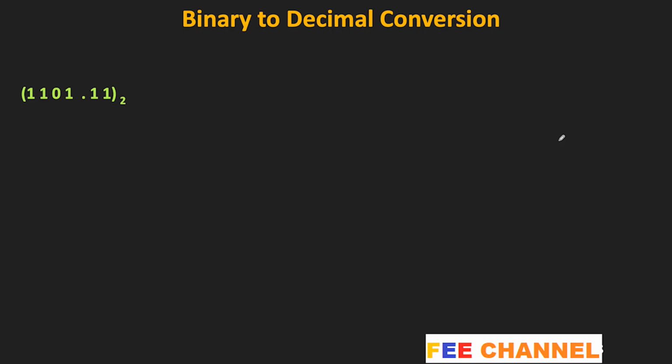Similarly, you can pause the video, and you can convert this given binary number into the decimal equivalent. If you try to convert into the decimal equivalent, then this is the weightage of each bit. So, from the binary point, as we move towards the left, the weightage of each bit will increase by the factor of 2.